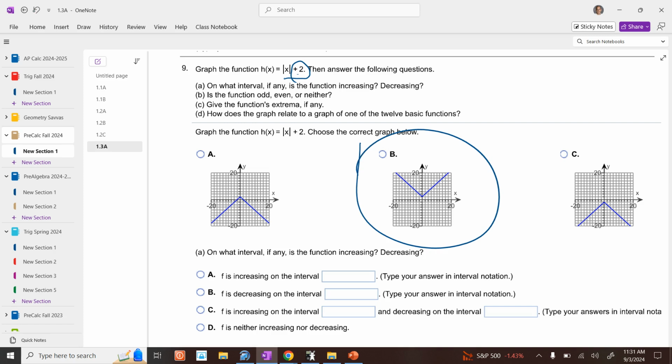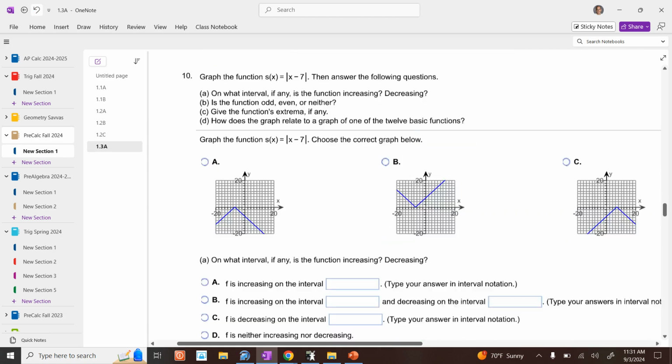Where does this v increase from? 0, because you look at the x values for increasing, decreasing, and to infinity. Where does it decrease? Negative infinity to 0.